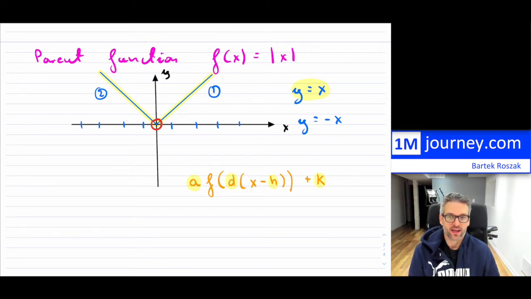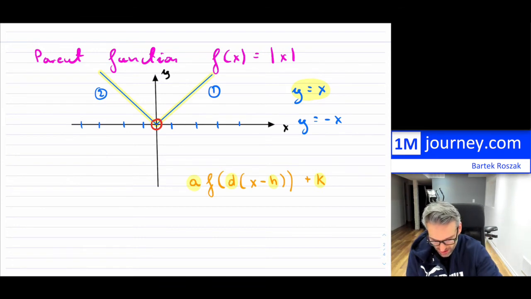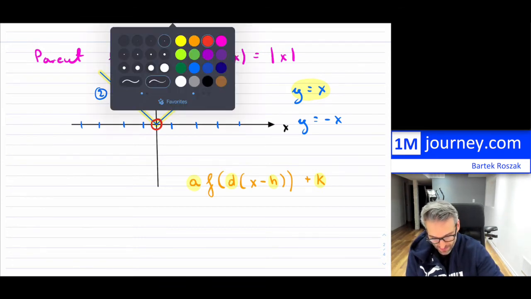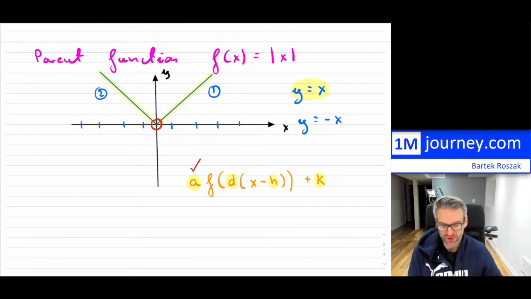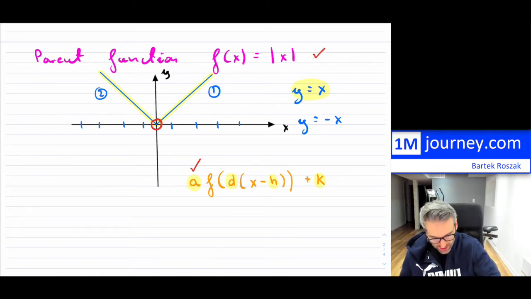And for these transformations, what we're really interested in is, again, what happens if we're multiplying our function by some A, right? So in this case, our parent function is right here. If I wanted to draw this out, it would look like this.